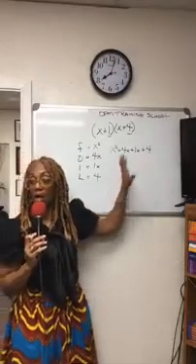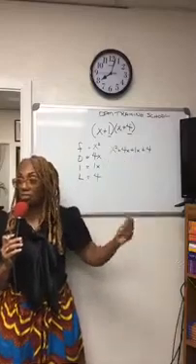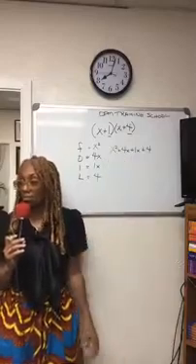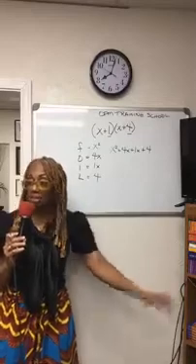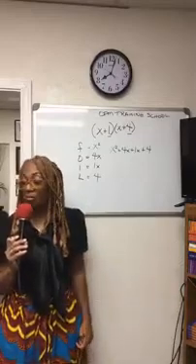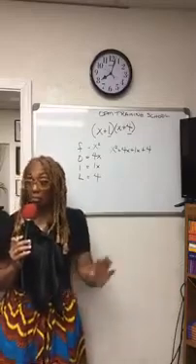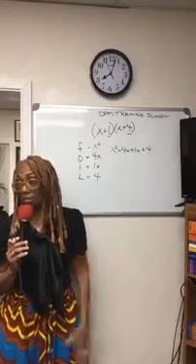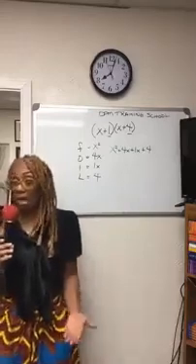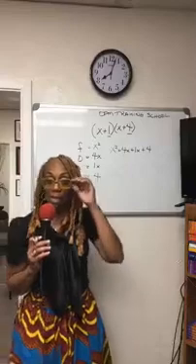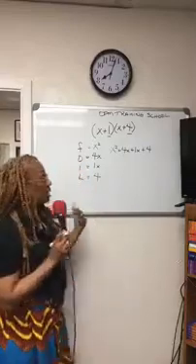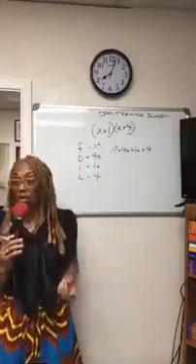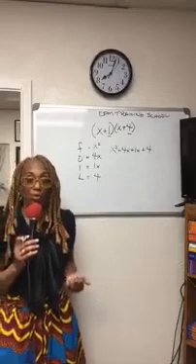All of our numbers are positive, so it's plus, plus, plus. But if it was a negative, it would have been different. It would have been plus, negative, plus. It depends on whether it's a negative, and we're going to do an example like that. So it's x squared plus 4x plus 1x plus 4.